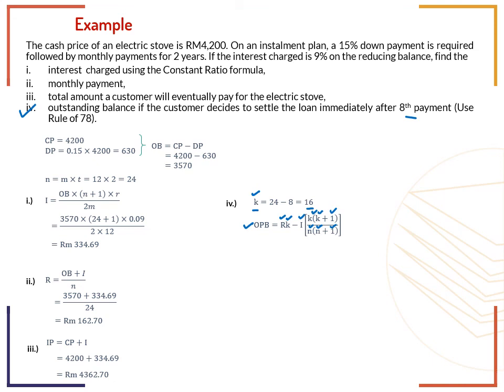Replace the value of R with 162 ringgit 70 cent, K with 16, I with 334 ringgit 69 cent, and N with 24. Therefore, the outstanding principal balance is 2,451 ringgit 47 cent.